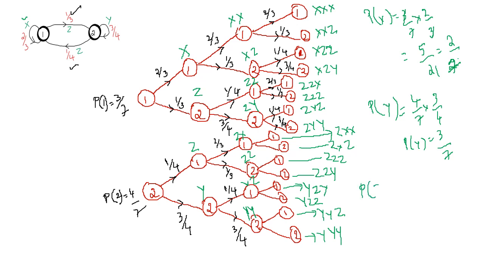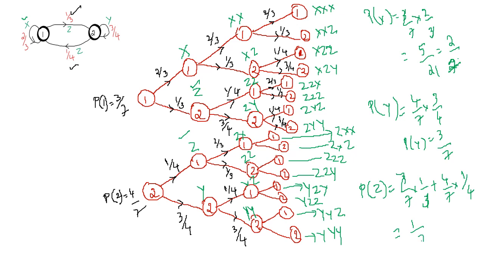Now to find P of z, we have two values here, one for state 1 and one for this. We need to add this probability now. So it is 3 by 7 into 1 by 3 plus 4 by 7 into 1 by 4. So if the symbols are repeated, we need to add those probabilities along the graph. So this 3 gets cancelled.